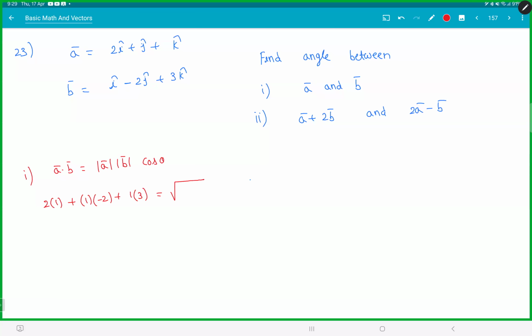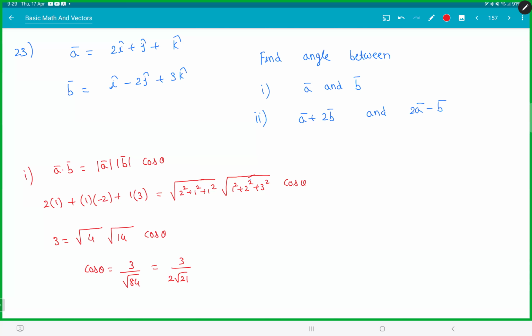Mod A bar is root over 2 square, 1 square, 1 square. Mod B bar is 1 square, 2 square, 3 square, cos theta. This will be 3. This will be 4. That will be 14. So you get cos theta will be 3 by root 84. You can take out 4 common, but same thing.